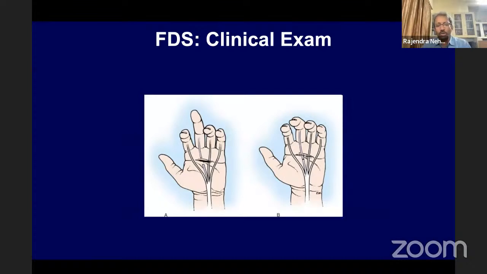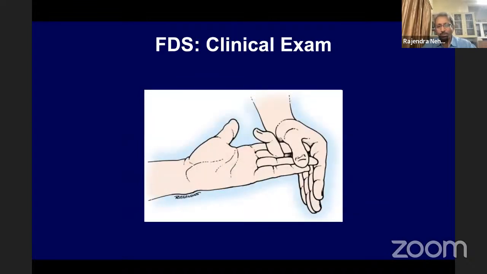I will not go into clinical examination detail because all of us know it very well. But when you examine the FDS of the middle finger, you have to control the other fingers. So the ring and little fingers should be held in extension to check the FDS of the middle finger, because the FDS of the middle, ring and little fingers has a common belly.